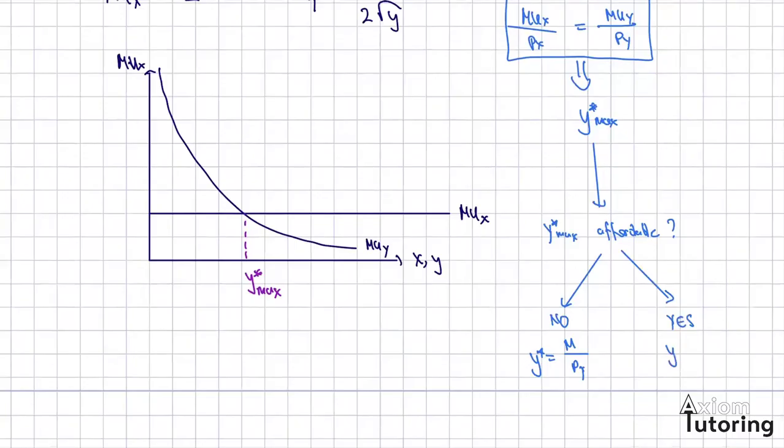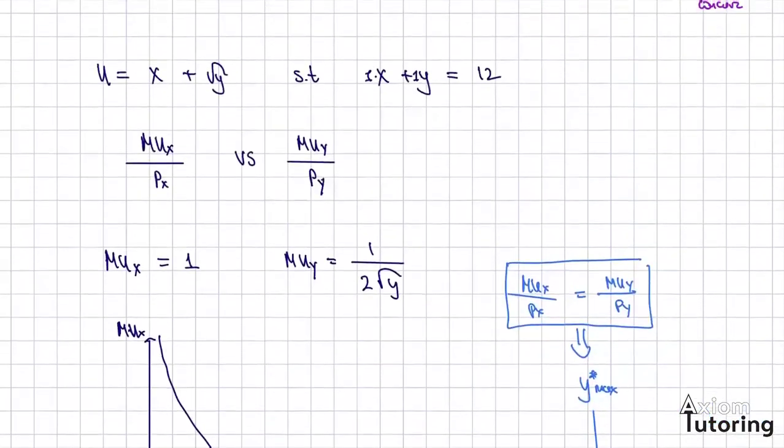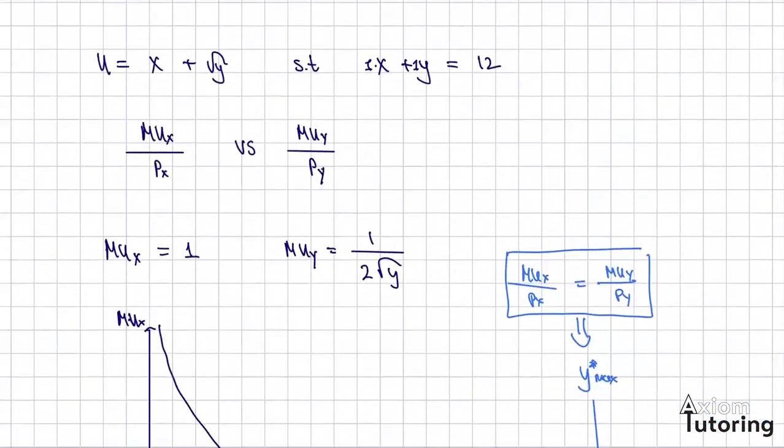Okay, then my y star, my optimal y, is going to be whatever y star max I find. What about my x star? It's whatever leftover income. So m minus y star max times the price of y. That's the leftover income that I'm going to have to spend on x. I'm going to divide that by the price of x. Okay, so this is how you solve a quasi-linear, and that's how you go about explaining the quasi-linear.